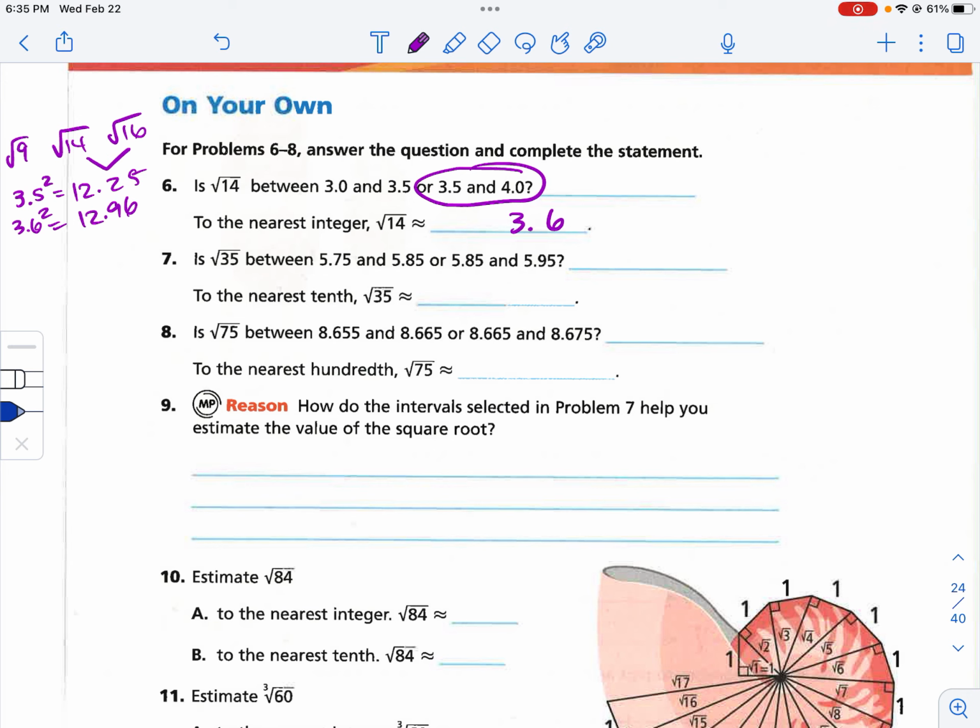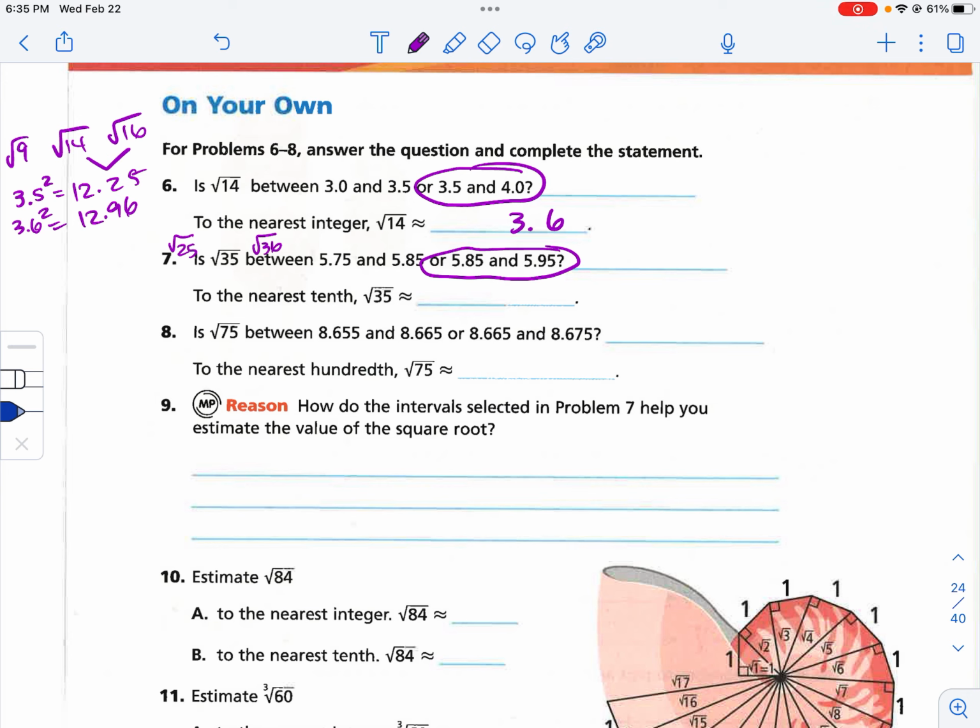The square root of 35. That's going to be between the square root of 25 and the square root of 36. Much closer to 36, so it's going to be on this end.